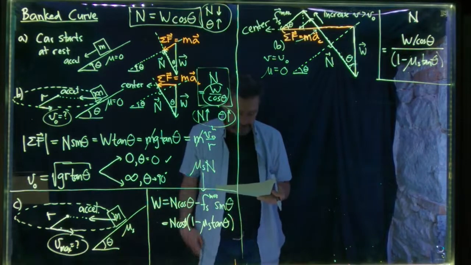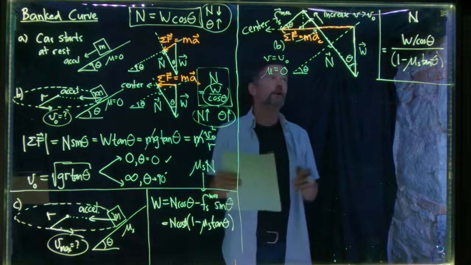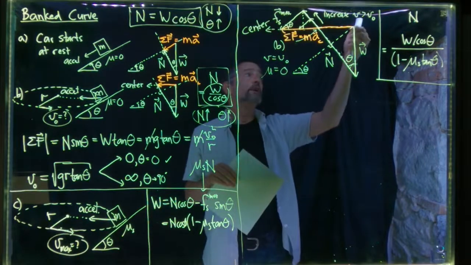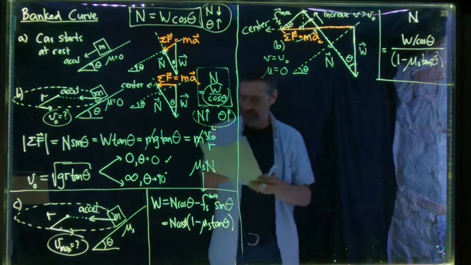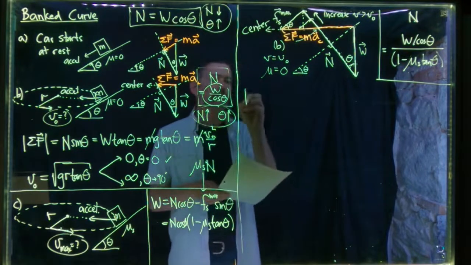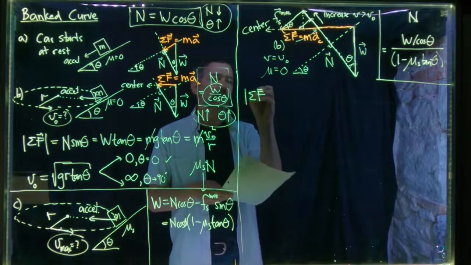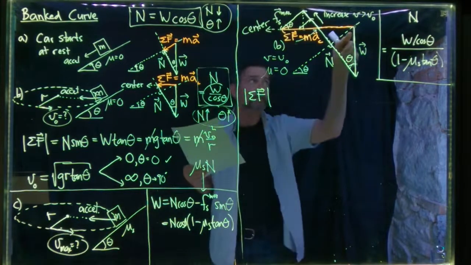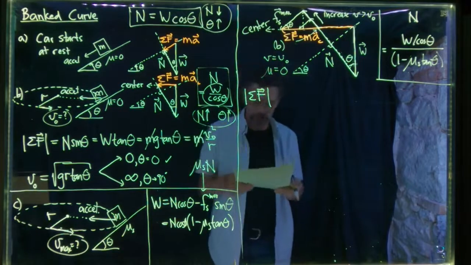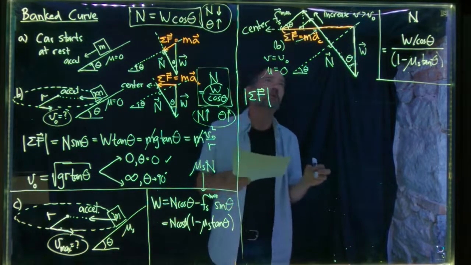Great. And so now we're going to figure out what that net force is, and we'll set that equal to the mass times the centripetal acceleration. So the sum of all the forces, the net force, its magnitude, the length of that line in that geometrical picture there, is going to be what?